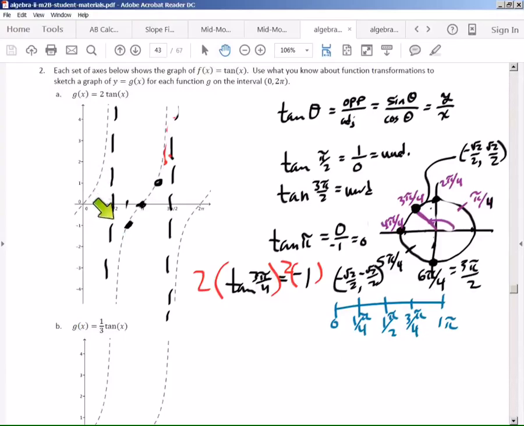But now we only really need these 3 points to do a rough sketch of our tangent function. This is at 1, this is at 1, and this is at 0. Now these 3 points change depending on what is happening to the tangent function. So if there was a 2 multiplying the tangent function, then you're going to multiply the 1 by 2 right here and this negative 1 by 2 to find your new points.